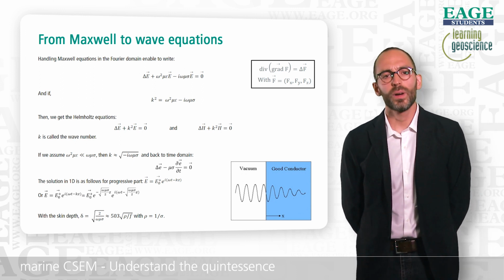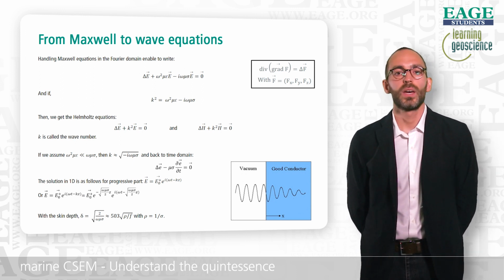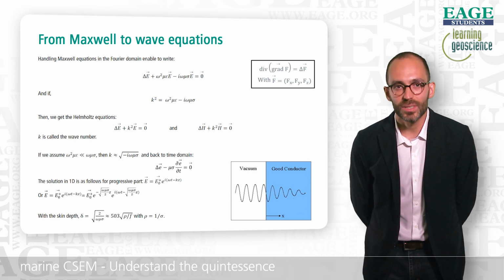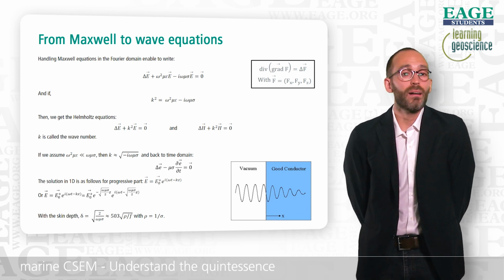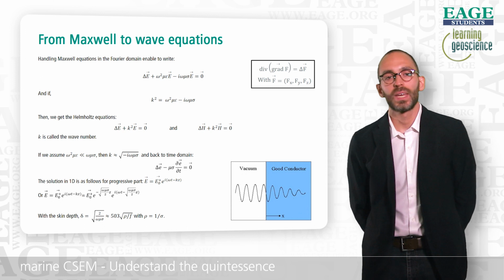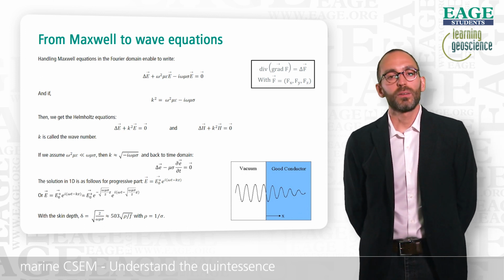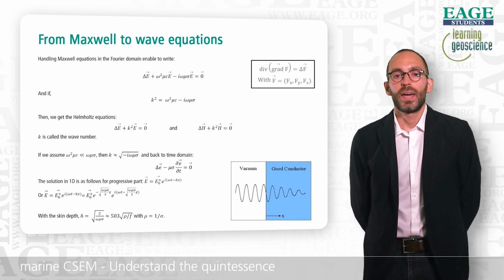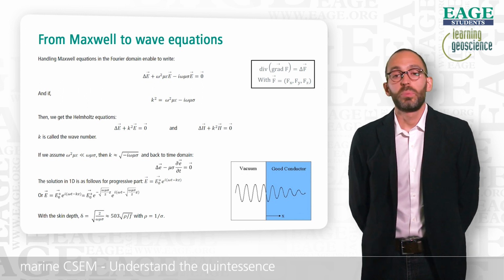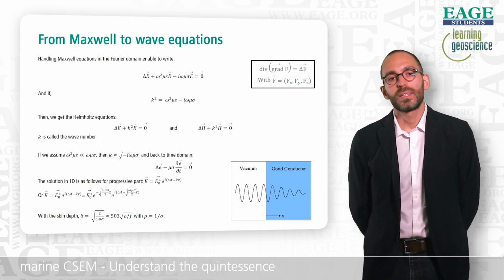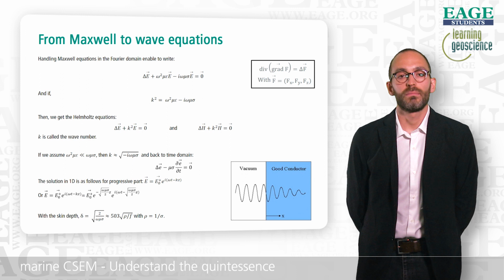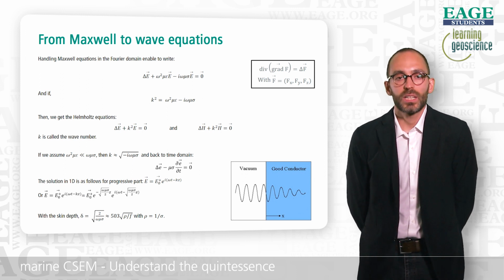Then, if k squared is defined as follows, we get the so-called Helmholtz equation, and k could be now called the wave number. And if we deal with geological matters and low frequencies below 10 Hz, we could simplify that equation of k, that expression of k.